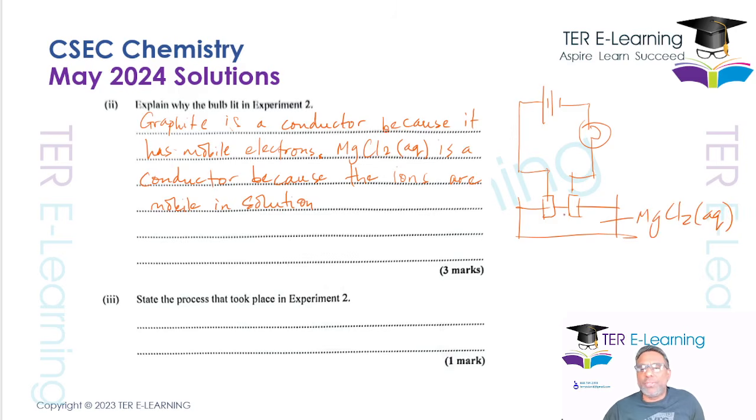You have your ions in your solution and you have graphite as a conductor, so there's a complete loop for current to flow and the bulb lights. So you can see that there is a complete loop. And the bulb lights.